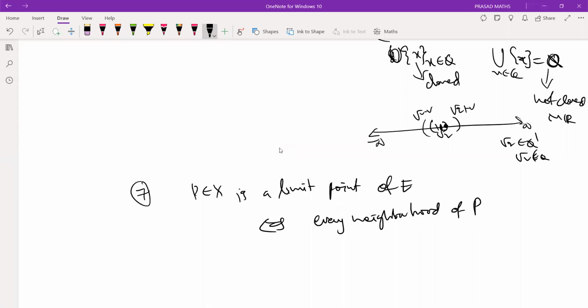It contains at least one point in the set E other than p itself. But in a metric space, every neighborhood of p contains infinitely many points. This may not be true in an arbitrary topological space, but we are working with metric space. So every neighborhood of p contains infinitely many points of the set E.